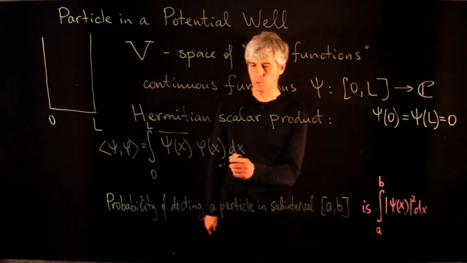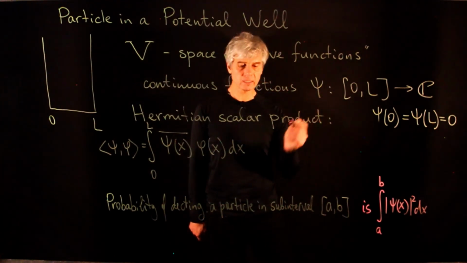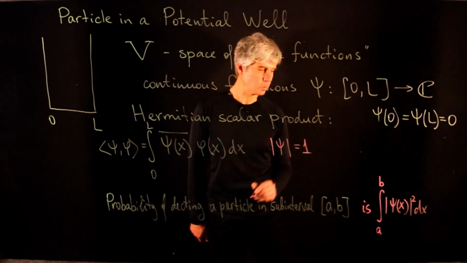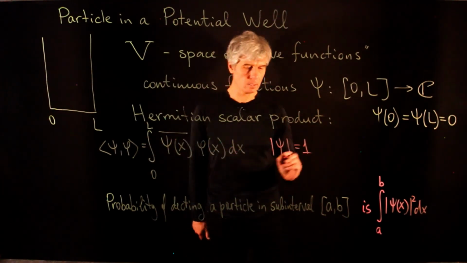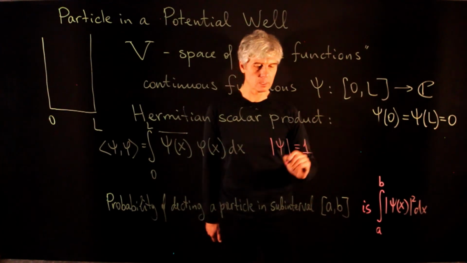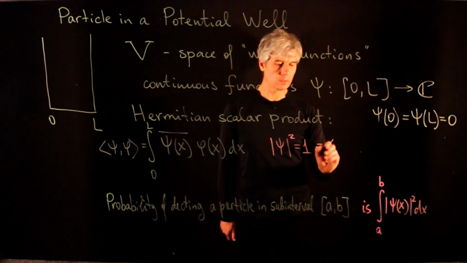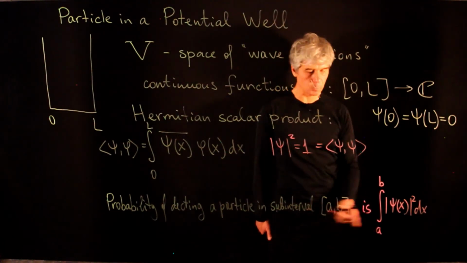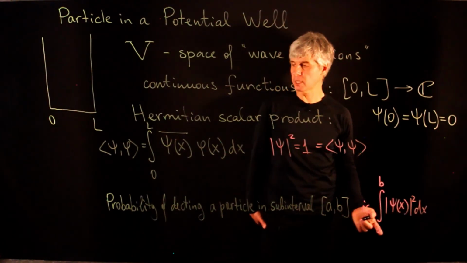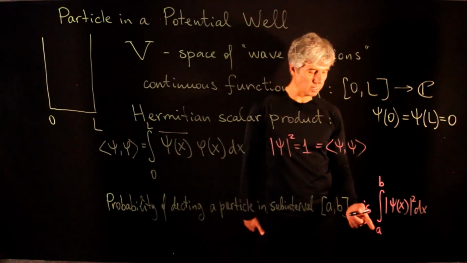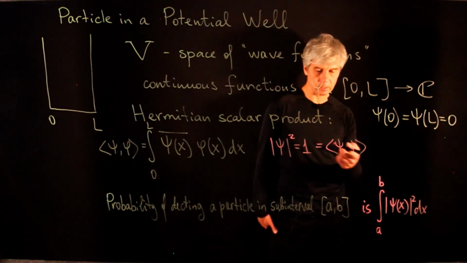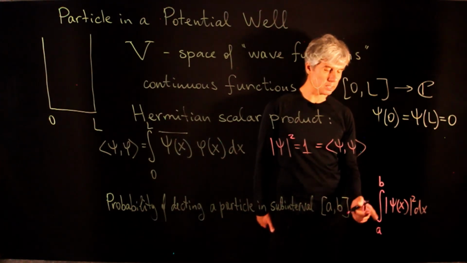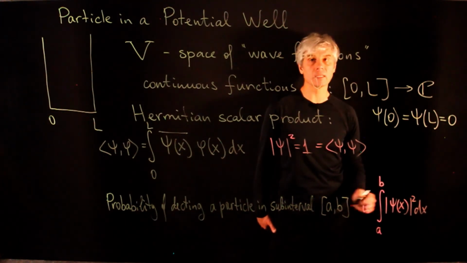And of course, physical states have the property that the norm of psi is equal to 1. So this means that the scalar product of psi with psi is 1. This interpretation tells us that the probability of detecting a particle in the interval from 0 to L is equal to 1, and the probability of finding a particle from A to B is equal to this integral.